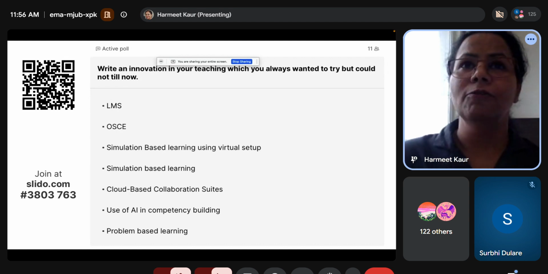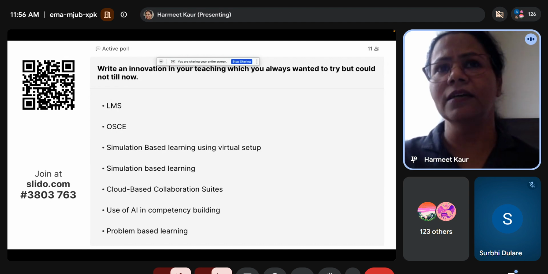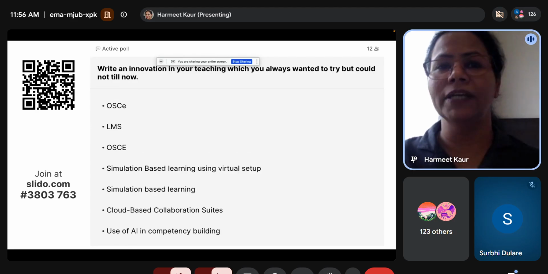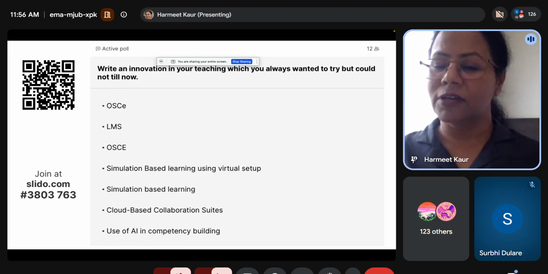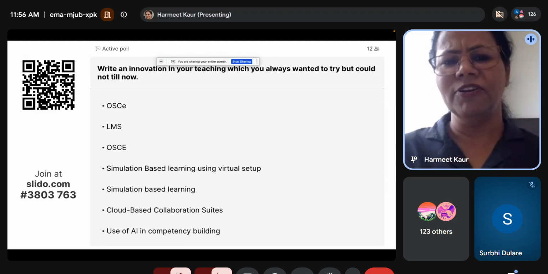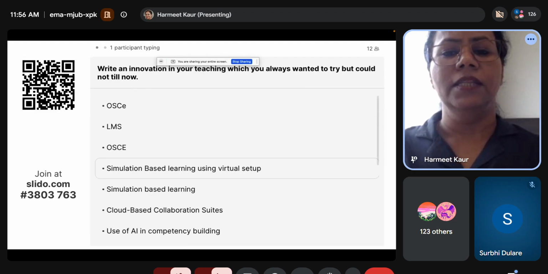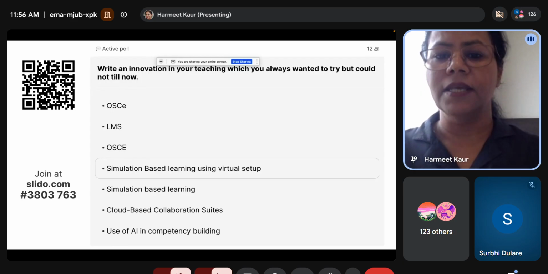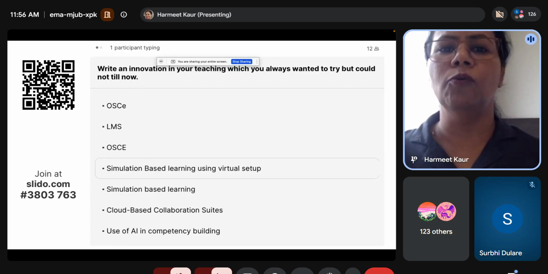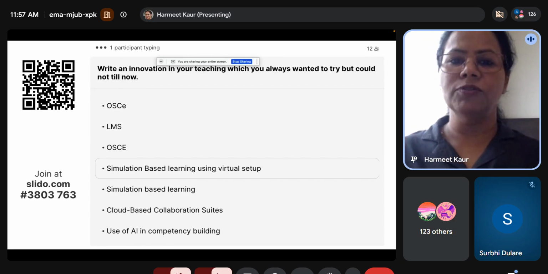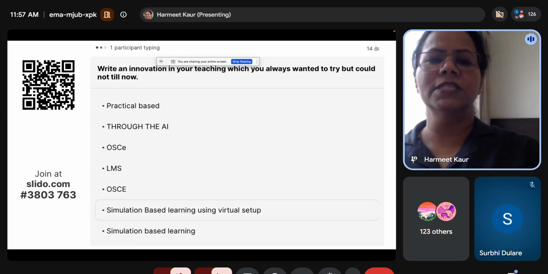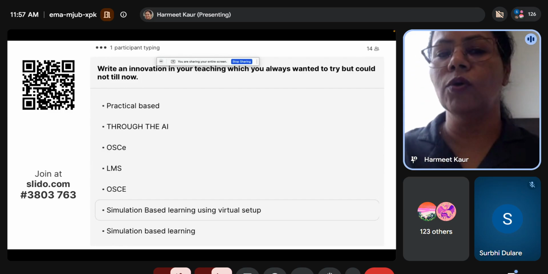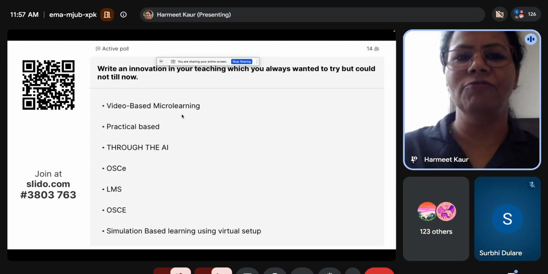Nowadays a lot of good LMS interface through Google. You might have known about Google Notebook, right? So we will be talking about that also. OSCE, different aspects of assessments that you can really utilize. Only thing is we have to have an open mind. We have to think that at least one innovation I have to include first, and then I will be scaling further on more and more other activities. Right? Very good, very good.